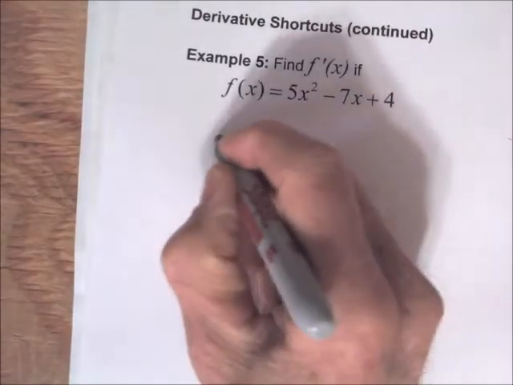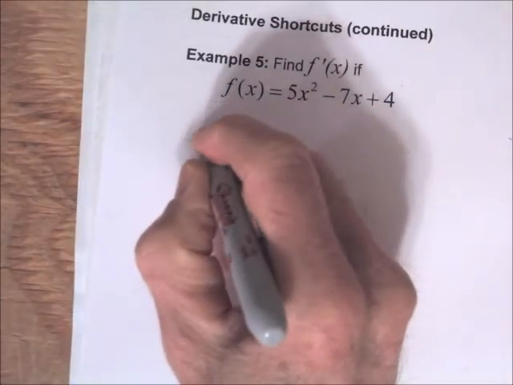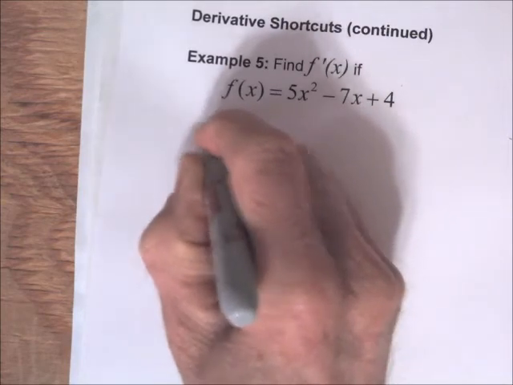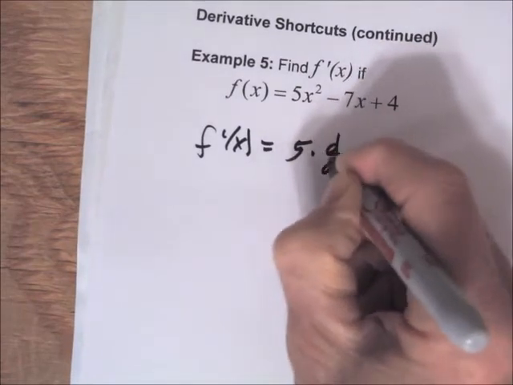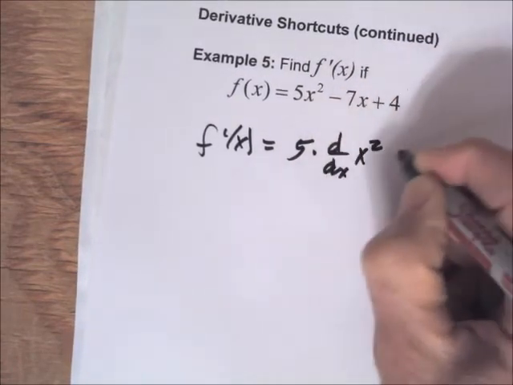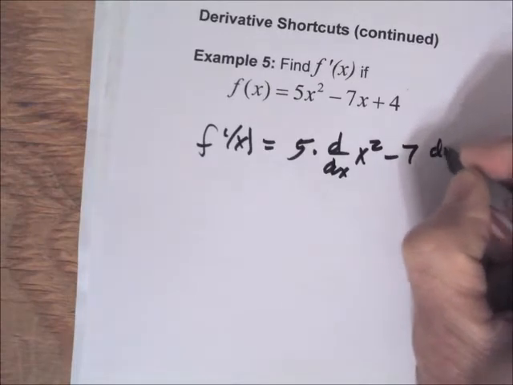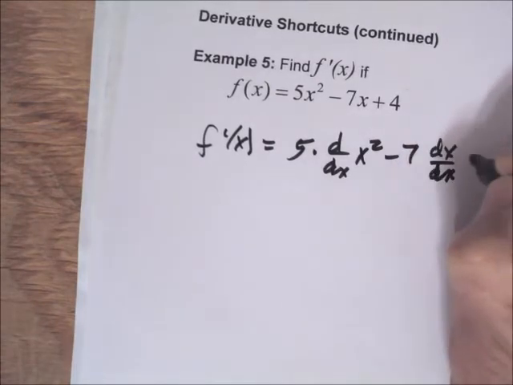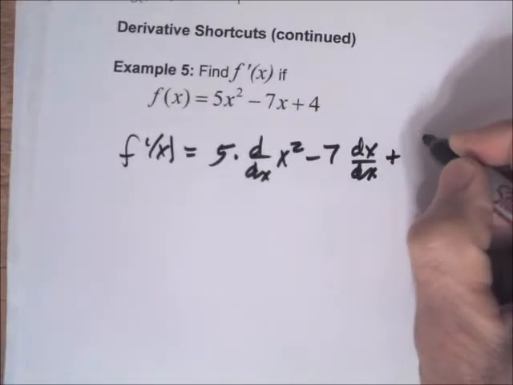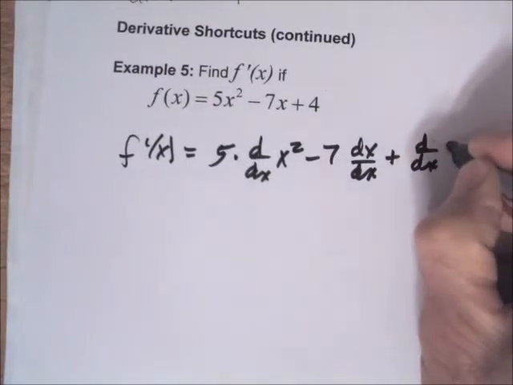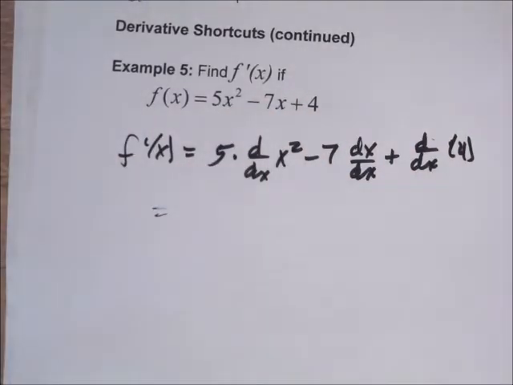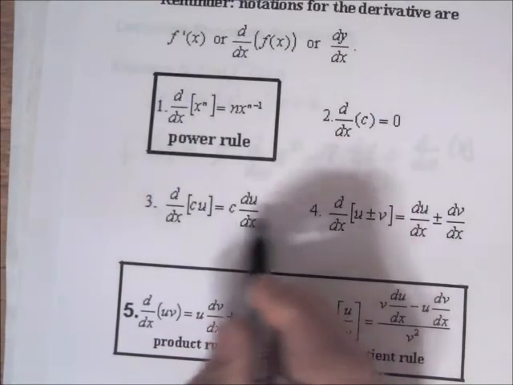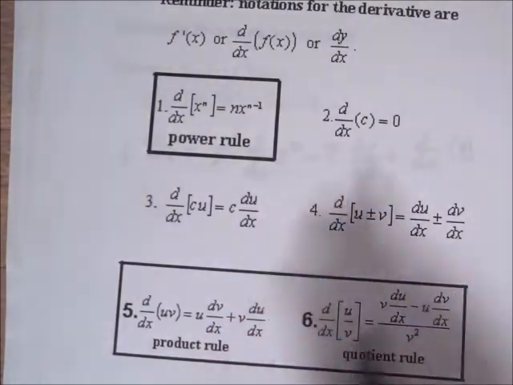So we can write f prime of x as 5 times the derivative of x squared minus 7 times the derivative of x, plus the derivative of 4. So we're applying rules 3 and 4. We're factoring out the constants, and we're splitting up the sums and differences.